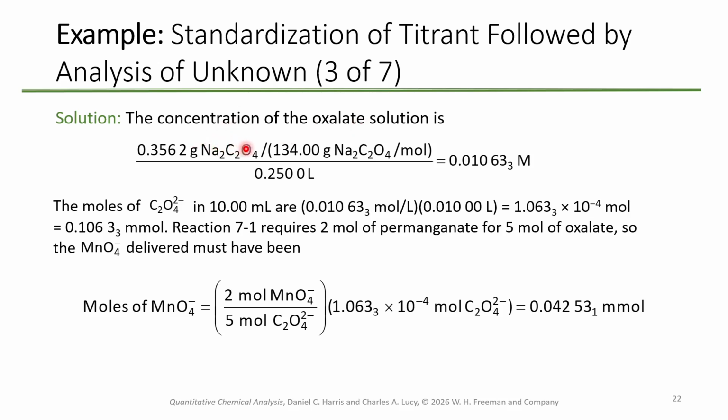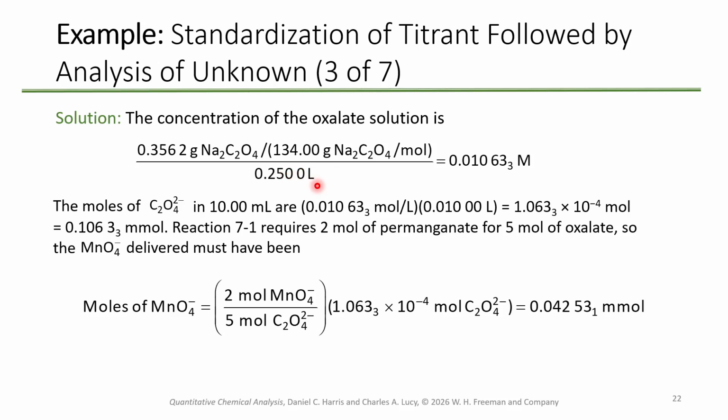So the first thing I need to do is take those grams. This right here is everything you need. Just go to your periodic table and add these things up, and it's going to be 134 grams per mole. Divide grams by your grams per mole, that leaves you in moles. Molarity is moles of solute divided by liters of solution, so we just divide the moles by the liters of your total solution.